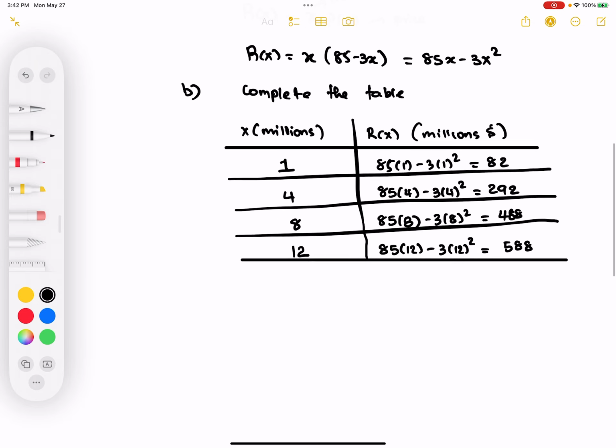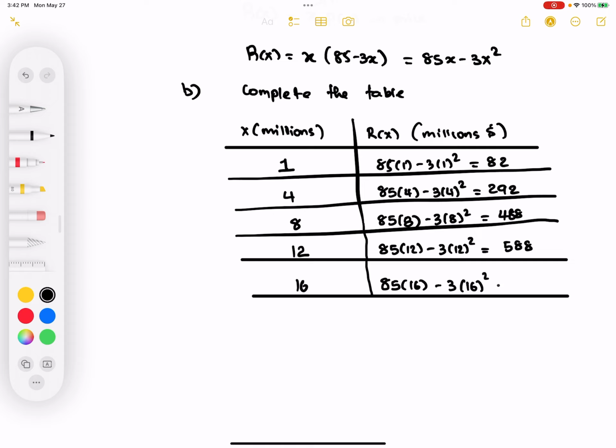Similarly, if you add more, let's say 16 million items, the company generates an income of 85 times 16 minus 3 times 16 squared, which is 592, and so on and so forth.